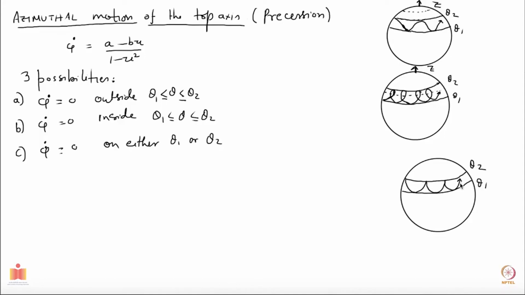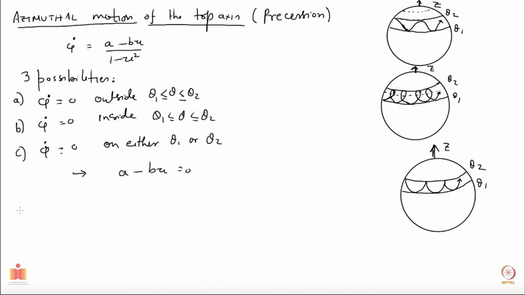So it continues in this manner, where this was the z-axis. Let me write down. All these correspond to your a minus b u equal to 0.